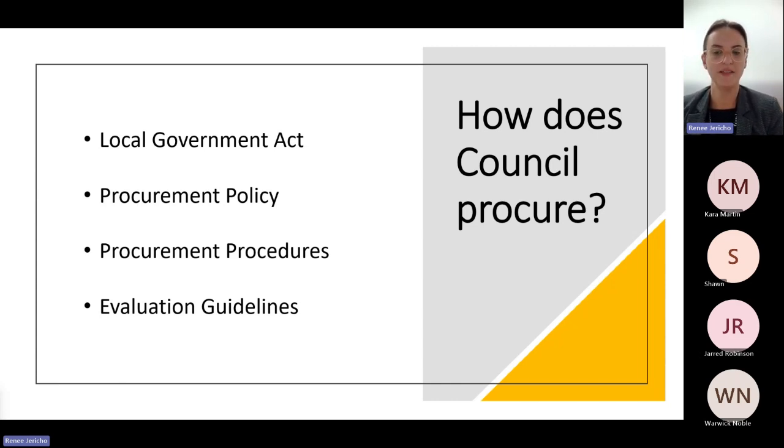Our procurement policy says what we need to do, and this is a public document available on our website, and the procurement procedures and the evaluation guidelines tell us how to meet these policy requirements.